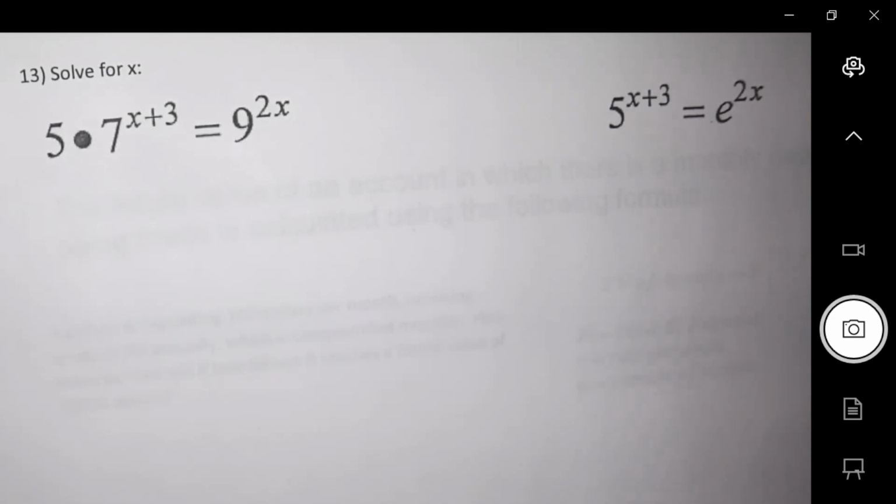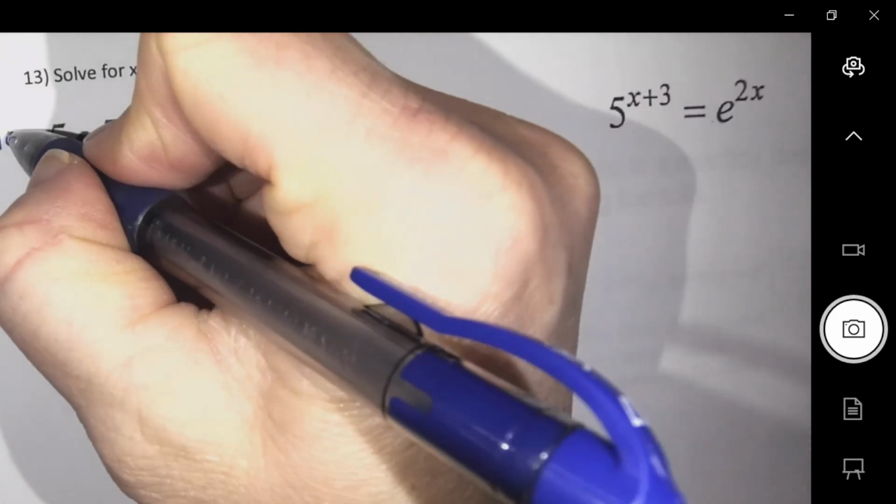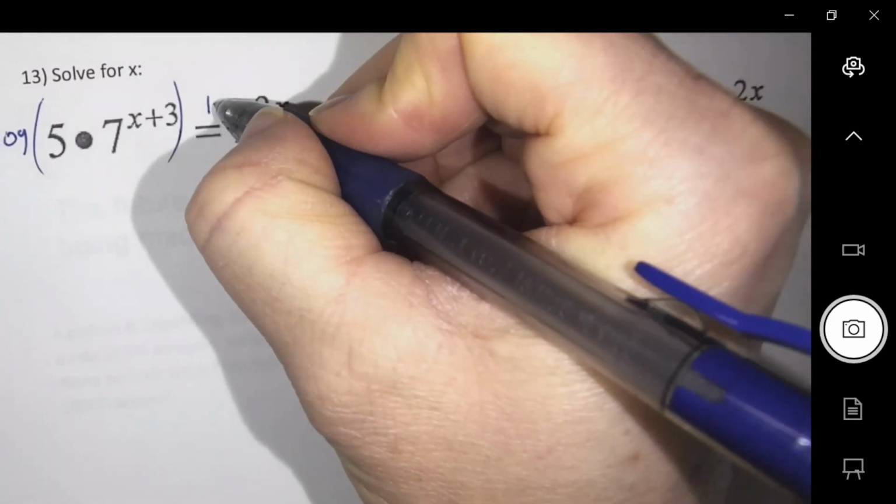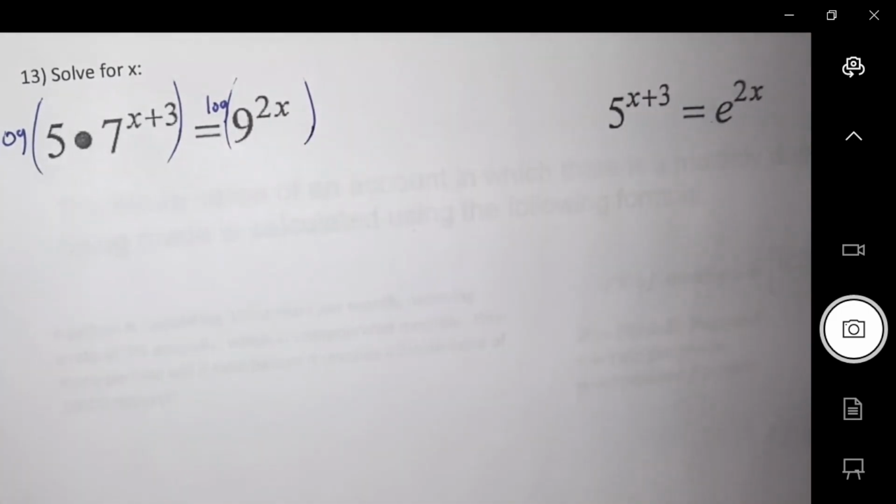So it's an exponential. We don't have this special exponential because I'm not going to write anything here with the same base. So I'm going to log both sides. Exponential, log both sides. Okay, it's kind of the flip-flop. We were kind of thinking change to exponential, now we change to log.